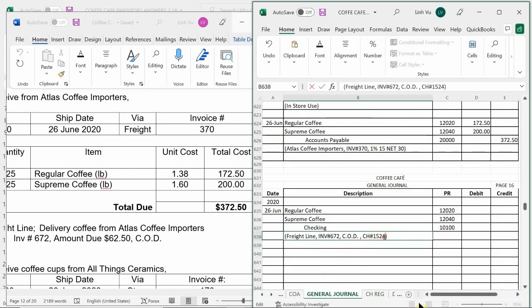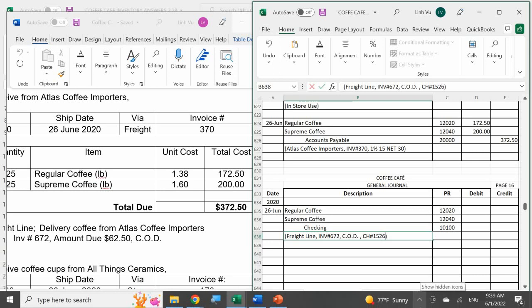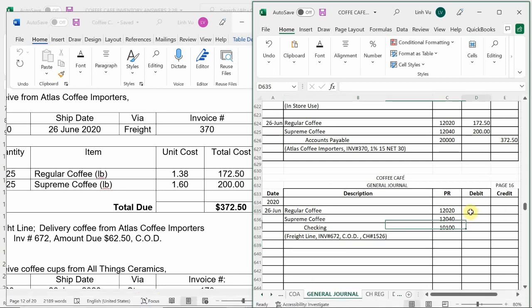Okay, and it's for the $62.50. So that's $31.25 for each coffee.